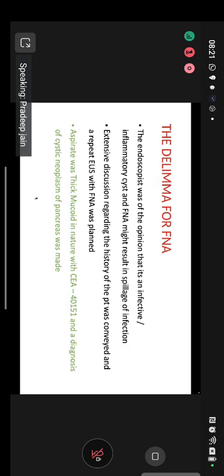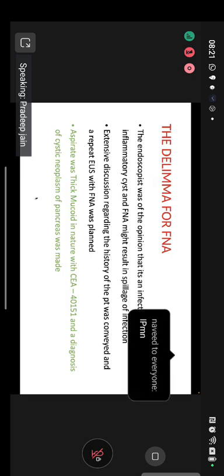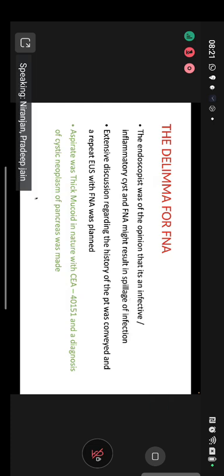So what does it mean? Mucinous cystic neoplasm. So the CEA more than 40,000 is highly suggestive of mucinous cystadenoma or IPMN, right? So what is the cutoff line of CEA?